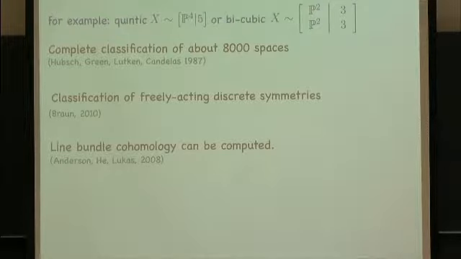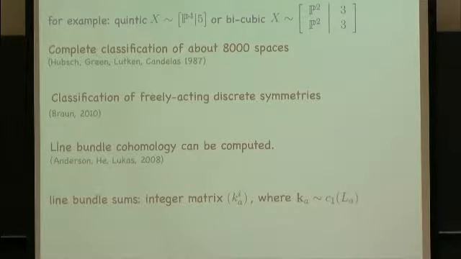There's actually about 2.5% of these spaces which have freely acting discrete symmetries, which kind of fits with the numbers that we heard earlier, although it's perhaps slightly different symmetries. And thirdly, we can actually compute line bundle cohomology on these spaces. So all the technical ingredients are in place, and I think currently this is the only class of Calabi-Yau manifolds for which that is actually all available.